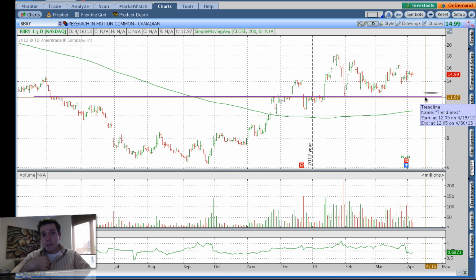I have had naked puts put to me in a few cases, not very often, but there have been cases where it's been a rough situation and I've had the shares put to me. What I've done is, once they're put to me, I sell calls against them and continue to reduce my cost basis to a point where in some cases I've taken a small loss, in some cases I've broken even, in some cases I've actually come out with a profit in the end.